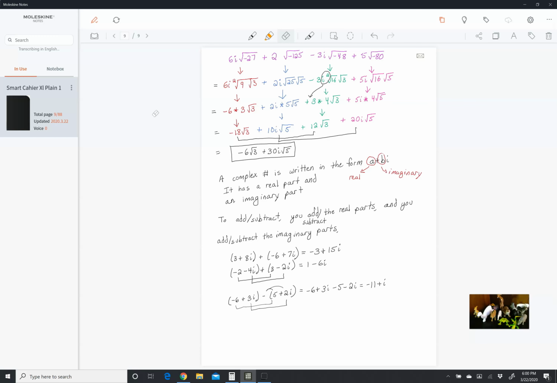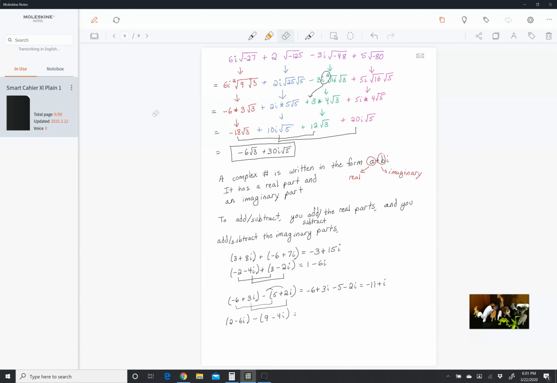Okay, and notice we always write it with the real part first. Okay, real part comes first. And let's do one more. Let's do 2 minus 6i minus 9 minus 4i. Okay, again, you can just say 2 minus 9 is negative 7.